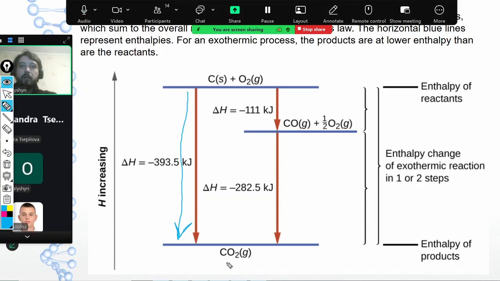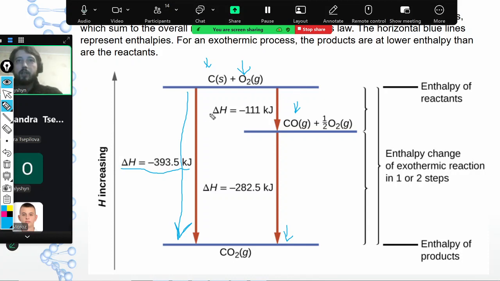So here we have gaseous carbon dioxide just formed from carbon and oxygen, and we have a certain delta H. But we can think that it could happen that first we generated carbon monoxide, so here it is, and then this carbon monoxide combusts and we get carbon dioxide.